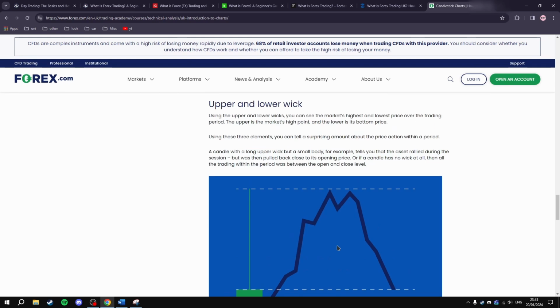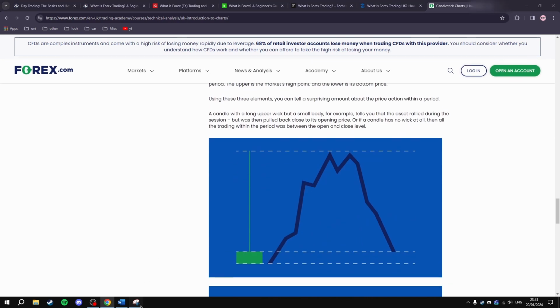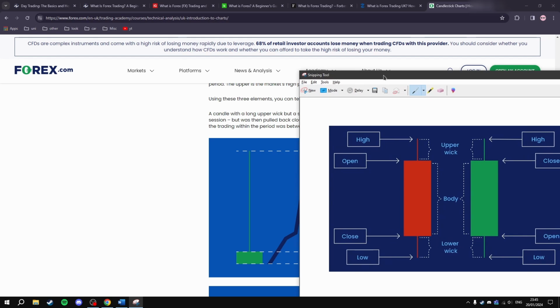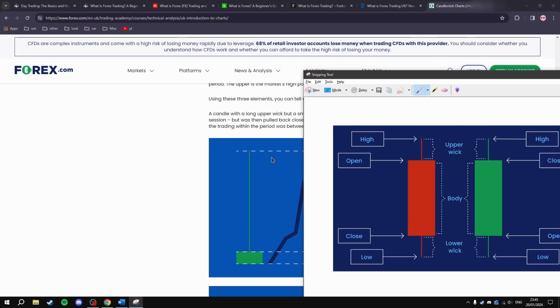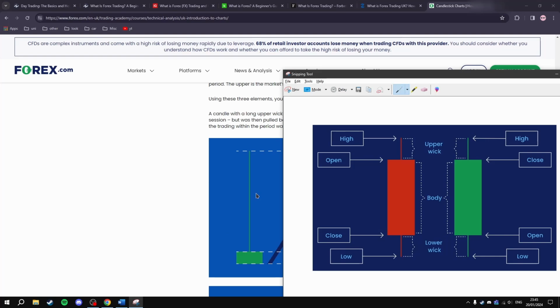So this is the rallied one. Long upper wick but small body. This is its highest price, right? If it's green, this is the highest price, this is the closing price, and this is the opening price.